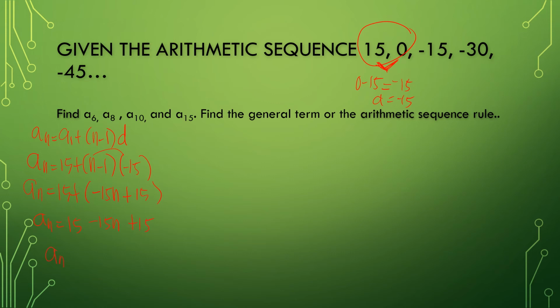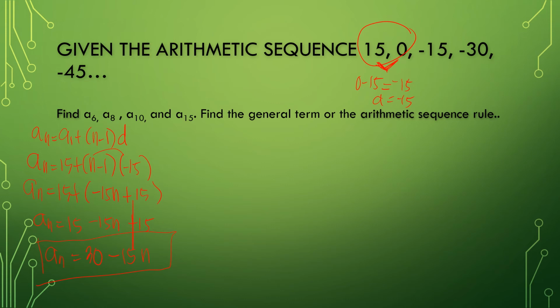So, a sub n is equal to, we can combine 15 and 15. So, 15 plus 15 is 30, copy minus 15n. This is now the general rule or the general term for the arithmetic sequence 15, 0, negative 15, negative 30, negative 45, and so on.